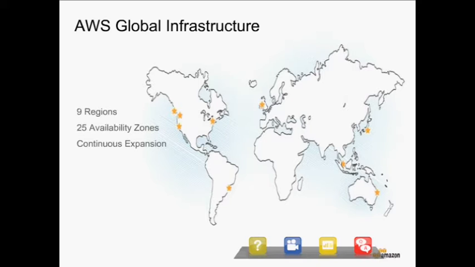In the context of talking about Exchange, you can think about availability zones as distinct data centers that are regionally separate and in completely separate locations. And we are continuously expanding to be closer to where our customers are and where our customers want us to be.